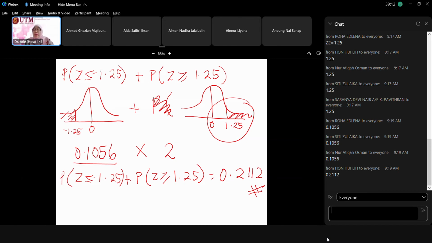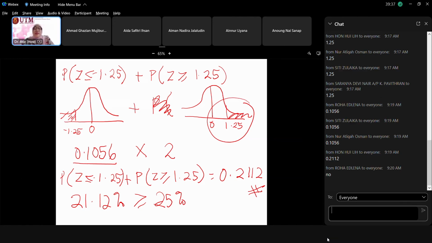Remember, we need to answer in terms of percentage. So we need to convert this one. The 0.2112 becomes 21.12%. Is it more than 25%? Yes or no?